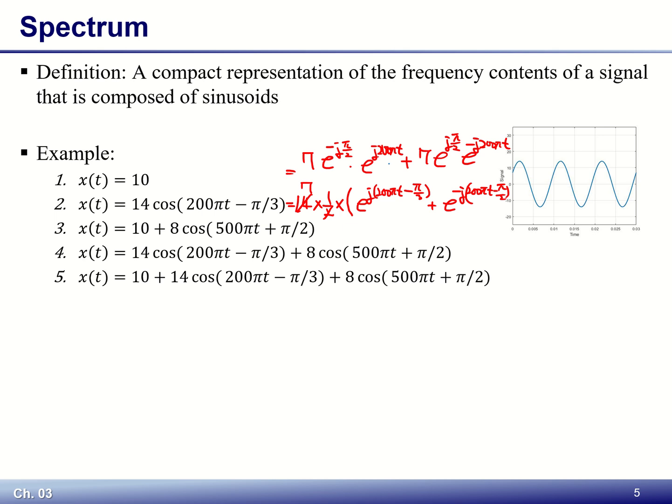So the 200 pi component has 7 exponential(minus j pi over 3), and the minus 200 pi component has this amount.